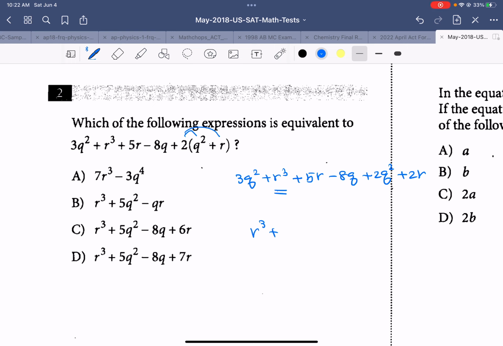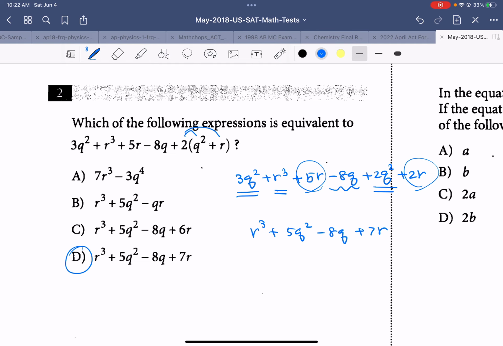Next, q squared. I see that here and this one, those are like terms. So 5q squared. And the q term is right here alone, so minus 8q. And then the last one, the r term, which is 7r. So the answer has to be D.